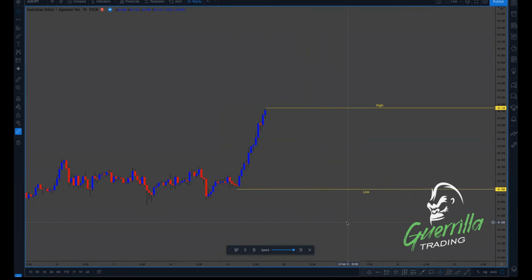As you know, each pair is different to itself and each pair has different pair characteristics. As you know through previous content that we have put out about pair characteristics, we understand that you cannot trade each pair exactly the same. As I've said many, many times, every single one of them has different pair characteristics and each and every one of them has different setups that fit your plan based on your back testing.